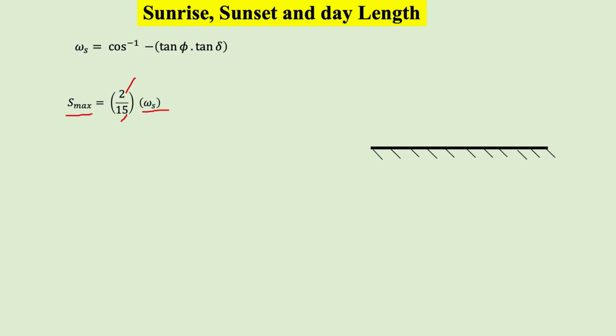To understand this, let us consider a horizontal surface. This one is the horizontal surface and a normal to the surface. In the morning at the time of sunrise, the position of the sun is parallel to the horizon. This is the horizon and the position of the sun is parallel to it. And as the day goes, the sun rises and at solar noon it attains the vertical position like this.